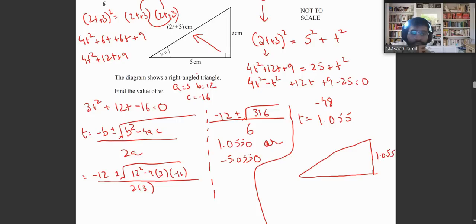1.055, we already have 5 and w. So this is opposite, hypotenuse, adjacent. So I will be using the value of opposite and adjacent. Opposite and adjacent comes in tan. So tan w is equal to toa, opposite upon adjacent.